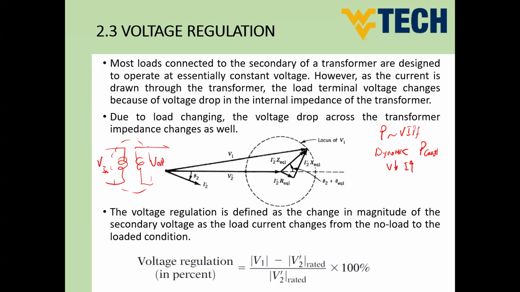The load is connected here, and since the current of our load is changing, the output volt would change and the volt drop across the transformer also would change. The volt regulation is defined as the change in the magnitude of the secondary volt as the load current changes from the no load to the load condition.